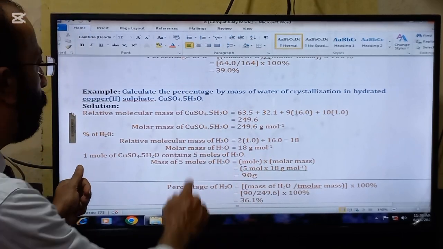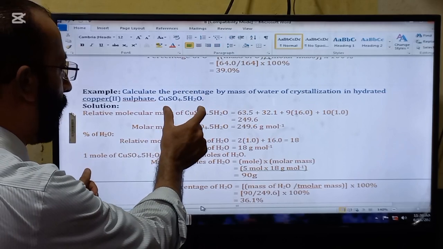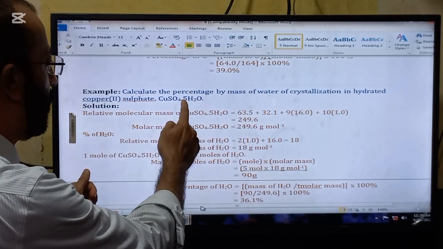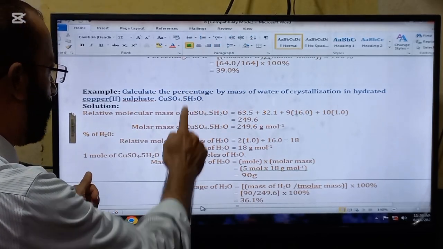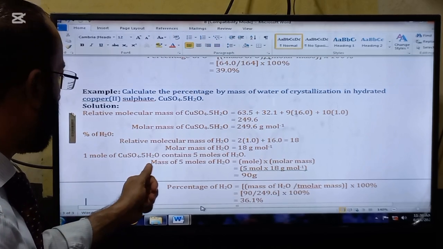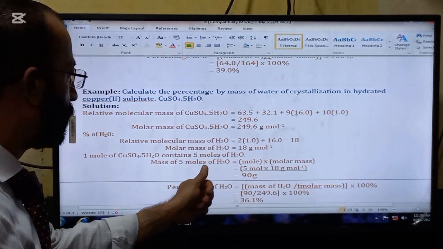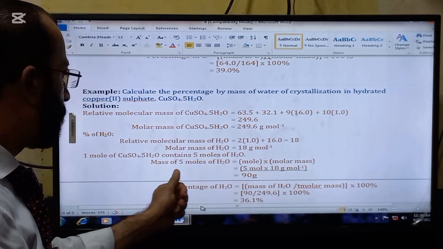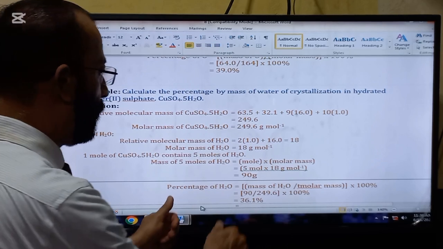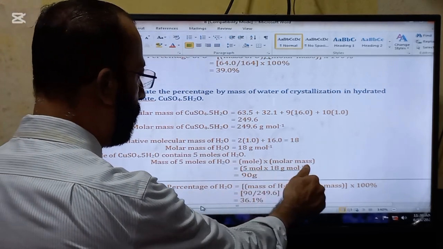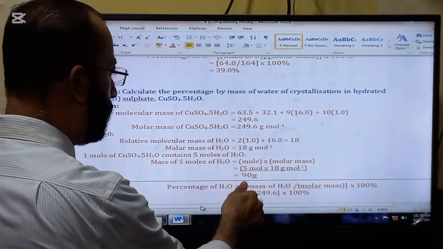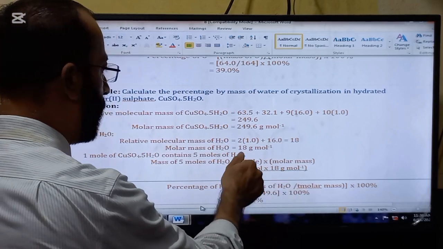Now look, 1 mole of hydrated copper sulfate contains 5 moles of H2O. So the mass of 5 moles of H2O will be equal to mole multiplied by molar mass. So 5 moles into the molar mass of water, that is 18.